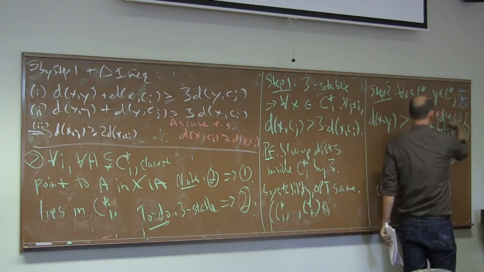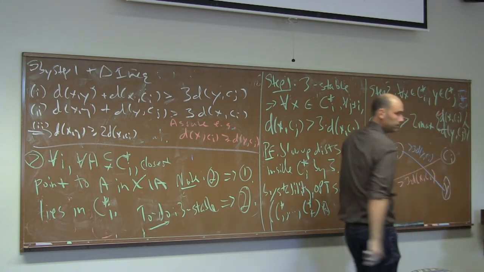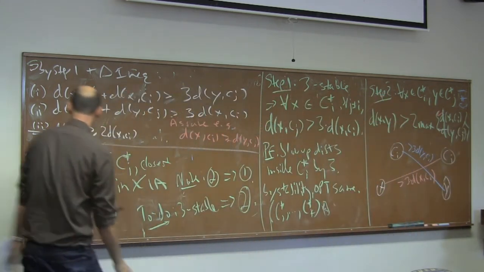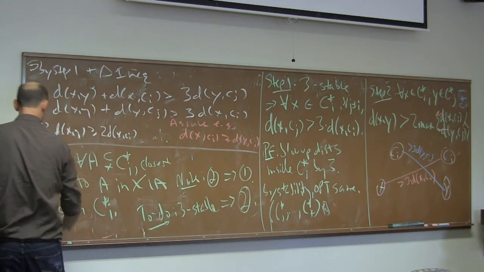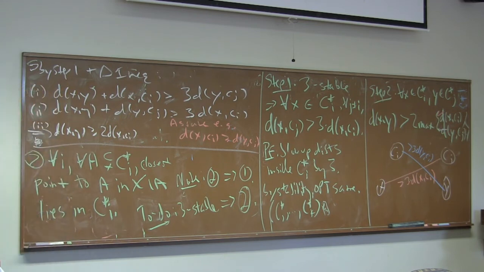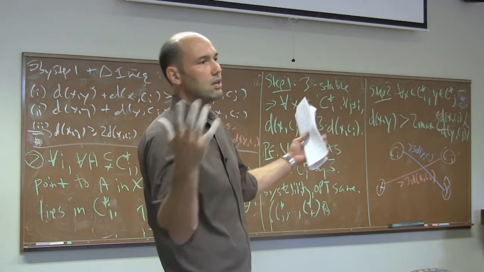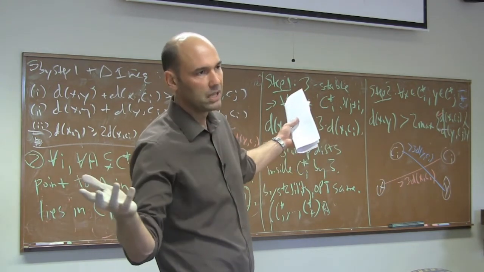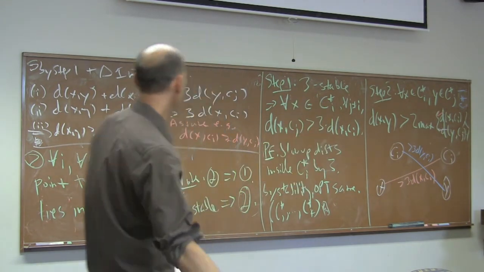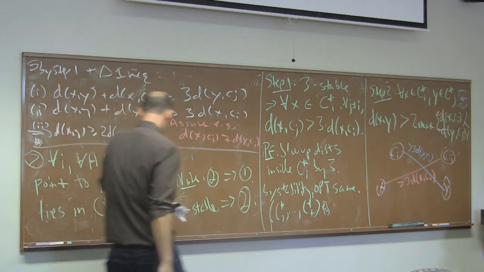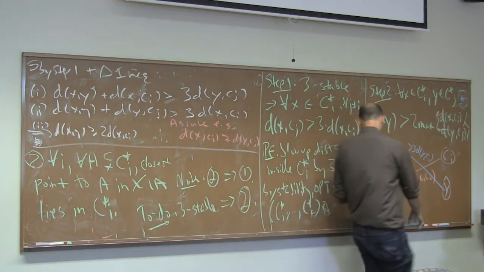It's bigger than that, that's bigger than that, so we're done. Whatever, there's some triangle inequality maneuvering in there. I don't expect you to remember the details, but what the statement says is nice: different clusters, you're far away. Okay, so step 3.